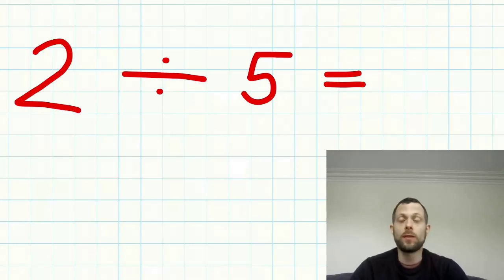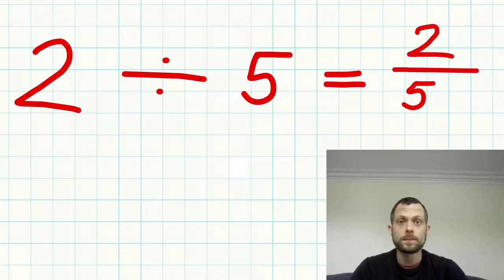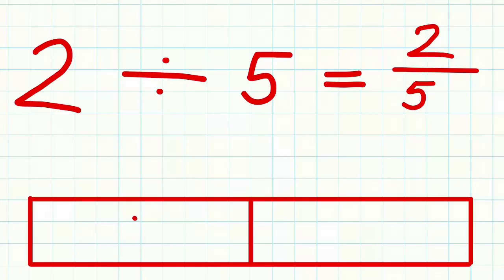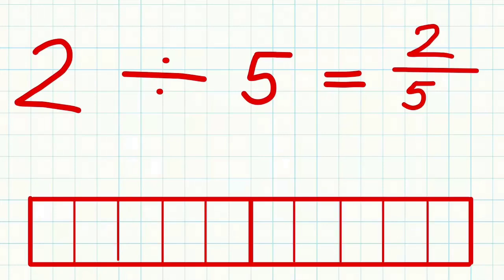2 divided by 5. So imagine we are dividing 2 bottles of juice among 5 children. How much juice does each child get? The answer is 2/5. We want to divide 2 into 5 equal parts, and we'll start by saying that 2 is 1 plus 1. Now we will divide each of the ones into 5 equal parts.